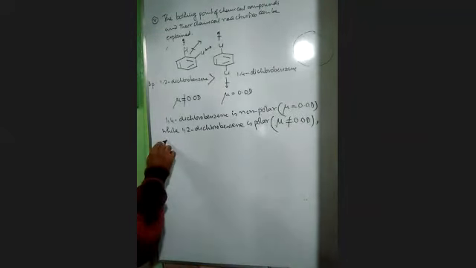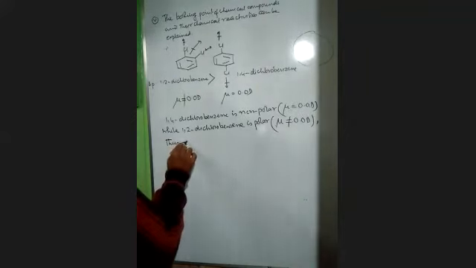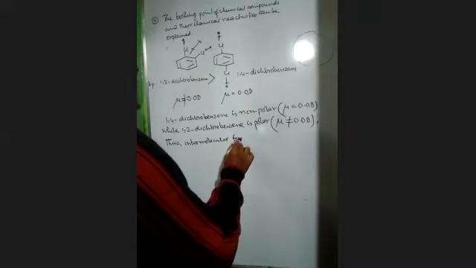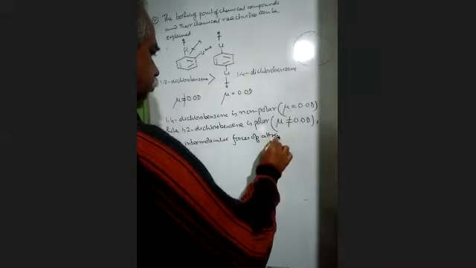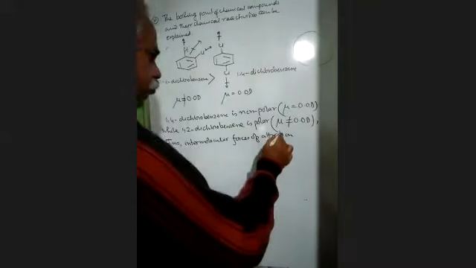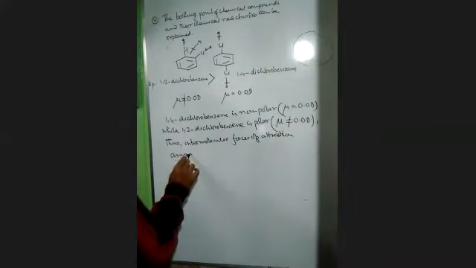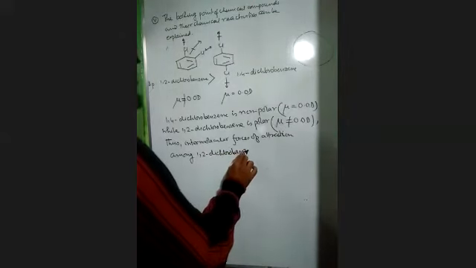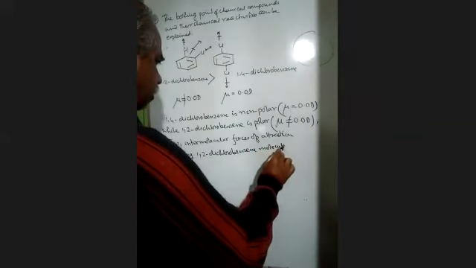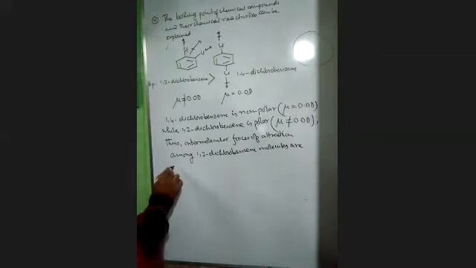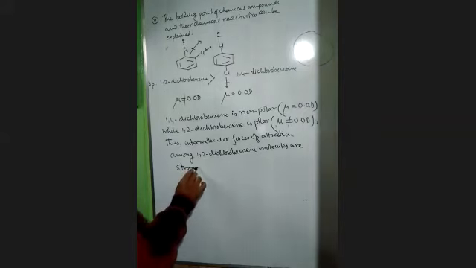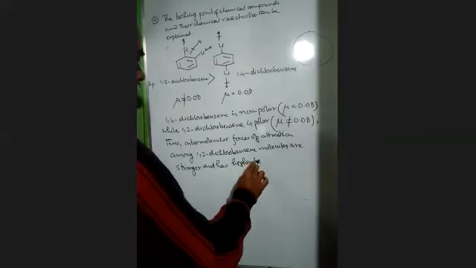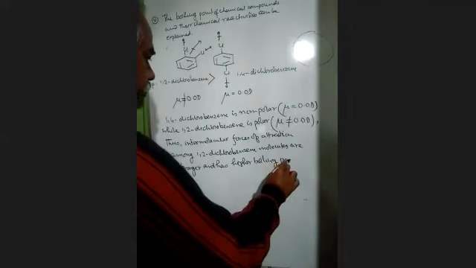Thus, intermolecular forces of attraction among 1,2 dichlorobenzene molecules are stronger and have a higher boiling point.